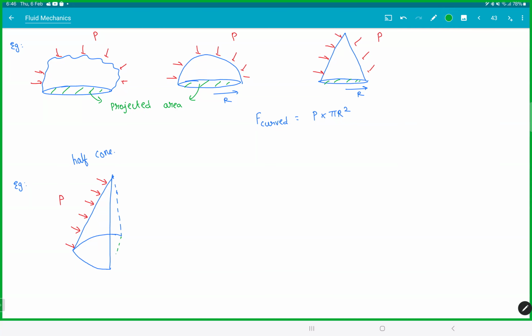This is 2r, and this was height h. Now, can you find the force on that half cone? Means you cut the cone into half vertically, and in the left half I want the force.